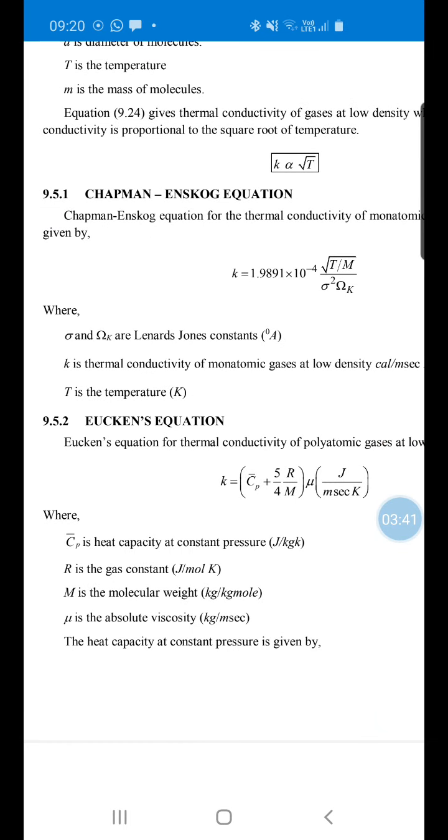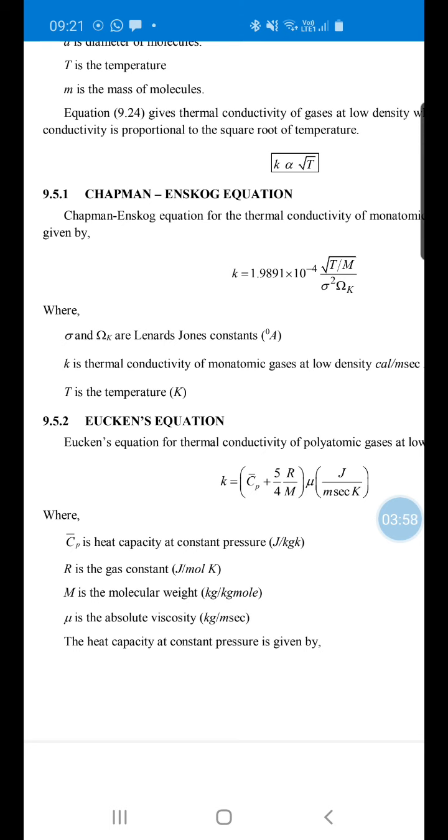One more equation used to find the thermal conductivity of polyatomic gases at low density is Eucken's equation.